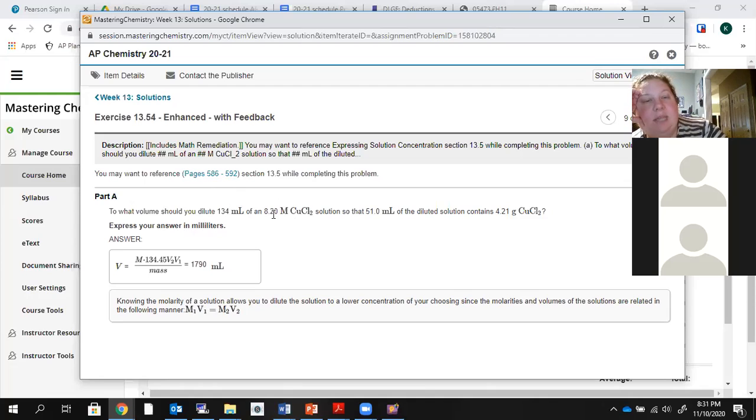And I can take that solution and dilute it down to a different concentration. And in that new concentration, I want there to be 4.21 grams of copper chloride in 51 milliliters of that solution. So this is going to require a lot of math.